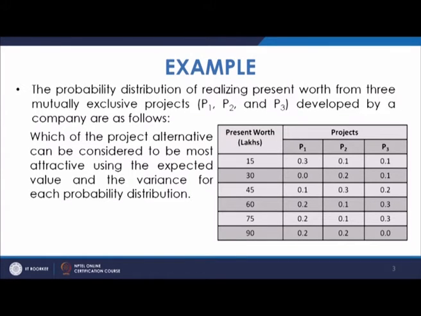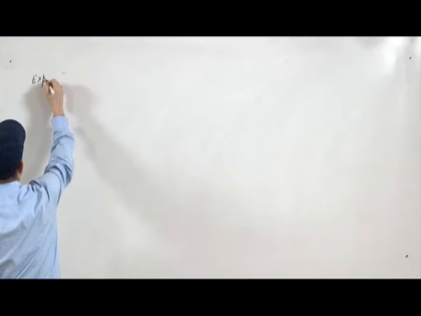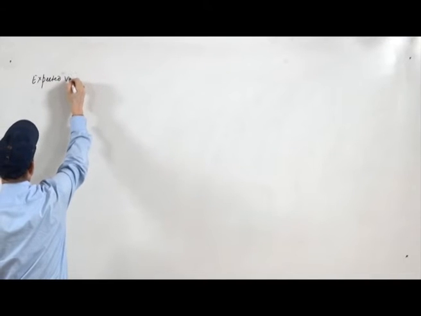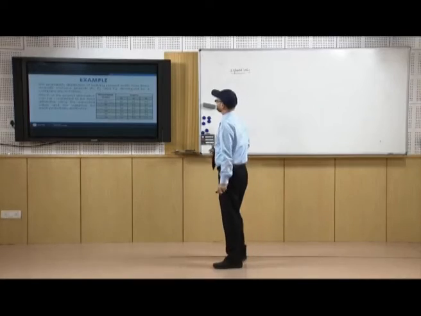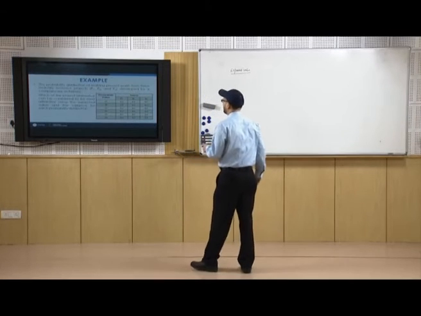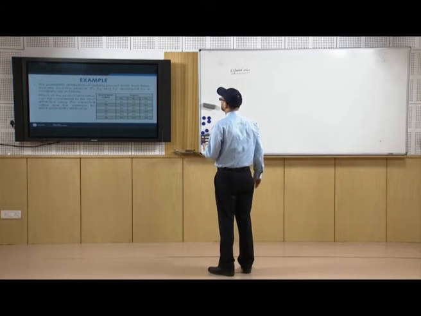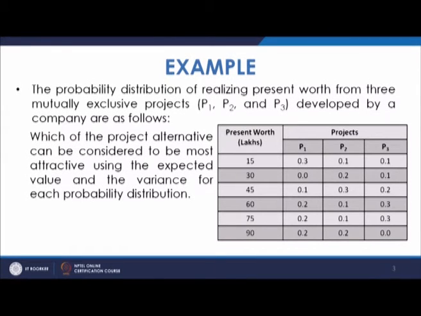Now, what we see is that if you go using expected value, you have 15 lakh and for that your probability with the first project is 0.3.